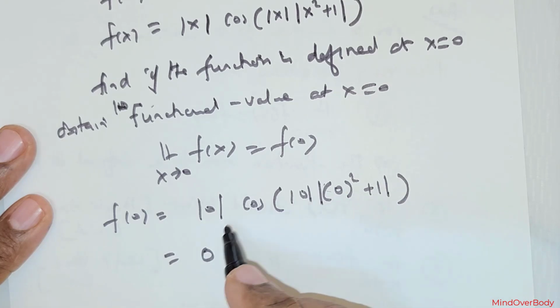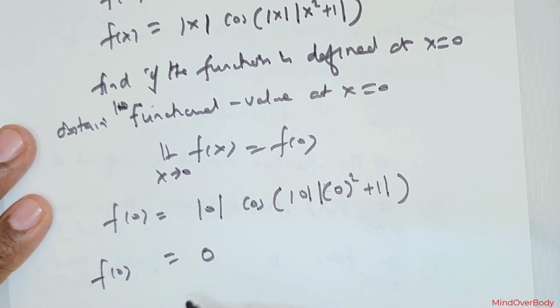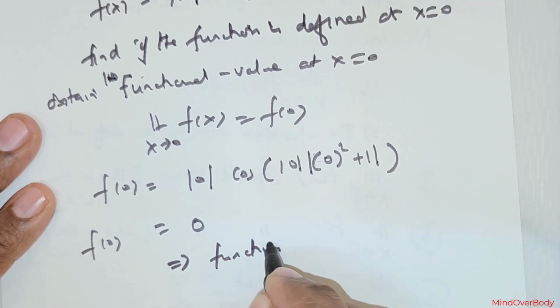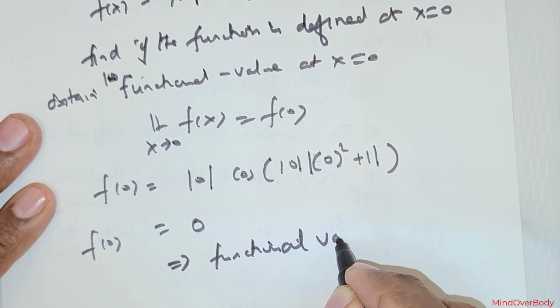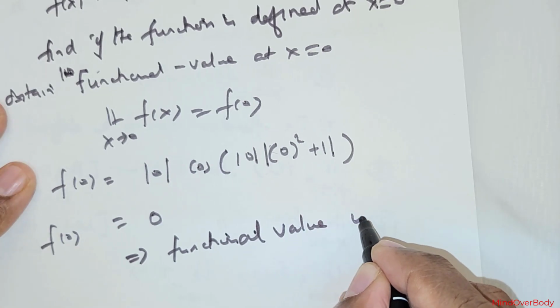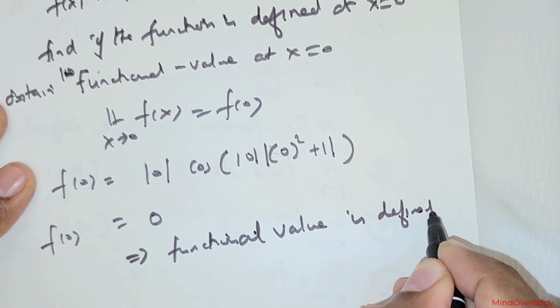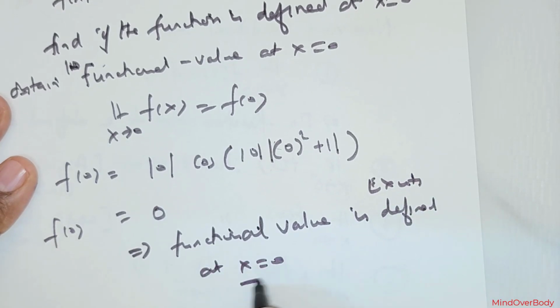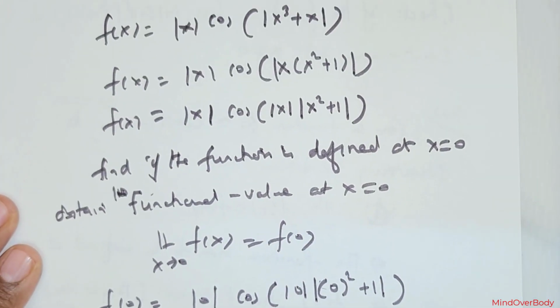So cos of 0 times modulus of 0 will give us 0. So f of 0 is equal to 0 implies functional value is defined. Of course you can say it exists at x is equal to 0. So that is fair and well.